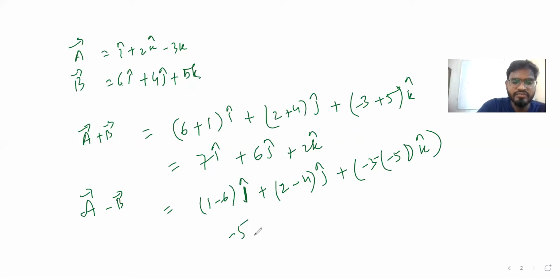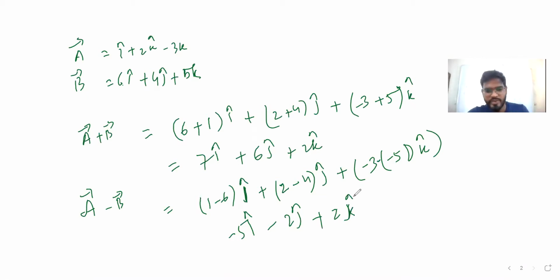So we can say minus 5 i cap minus 2 j cap, and then what? Minus 3 minus of minus 5, minus of minus, so it will become plus. So plus 8 k cap, right? So by this way we can write the vector.